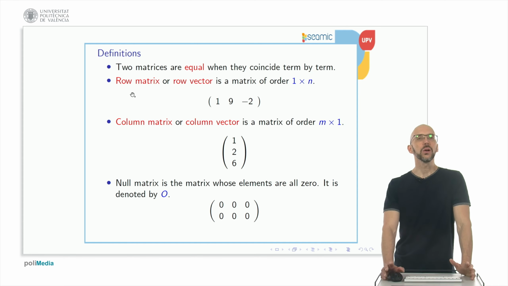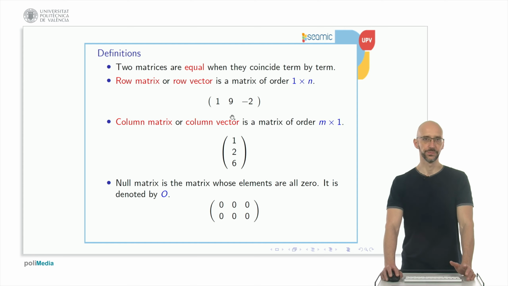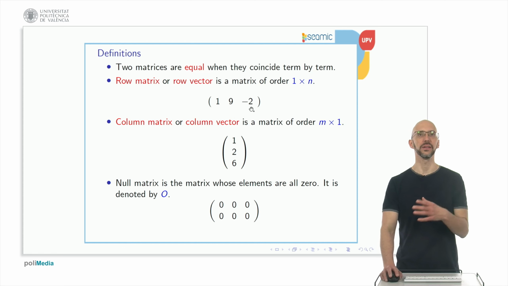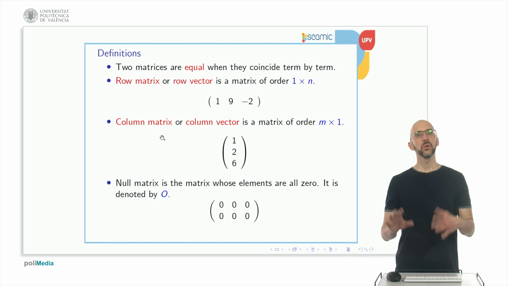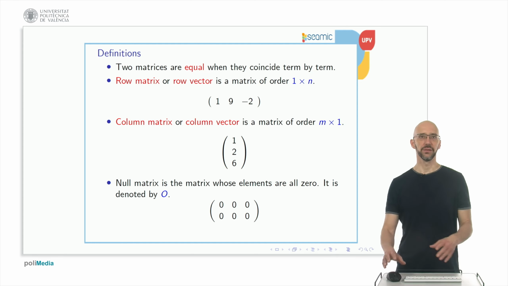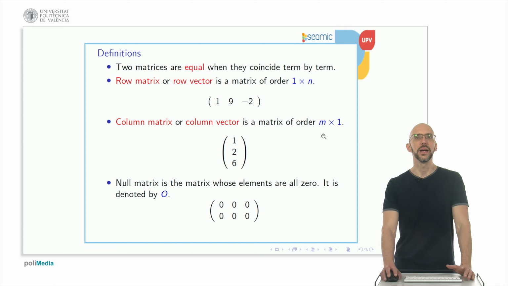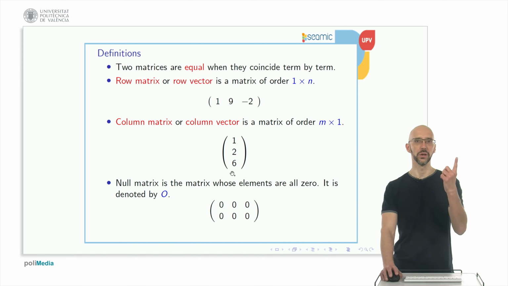What do we call a row matrix or row vector? It is a matrix of order 1 by n: 1 row, n columns. As I told you before, this 1, 9, negative 2 is just 1 row, 3 columns. When do we say we have a column matrix or column vector? When I have different rows but just 1 column, like in this case: 3 rows but just 1 column.